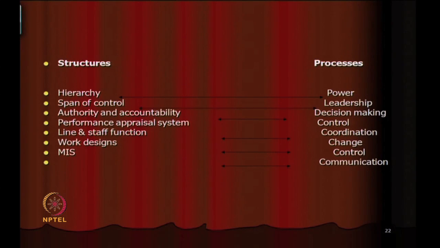The linkage of MIS with process issues is fuzzy, and so is the linkage of performance appraisal with a single process issue. It is difficult to identify a one-to-one relationship for MIS and performance appraisal systems, which are structural variables, with process issues.